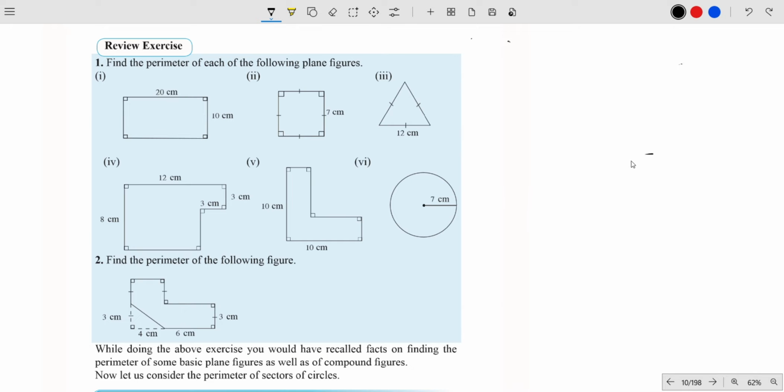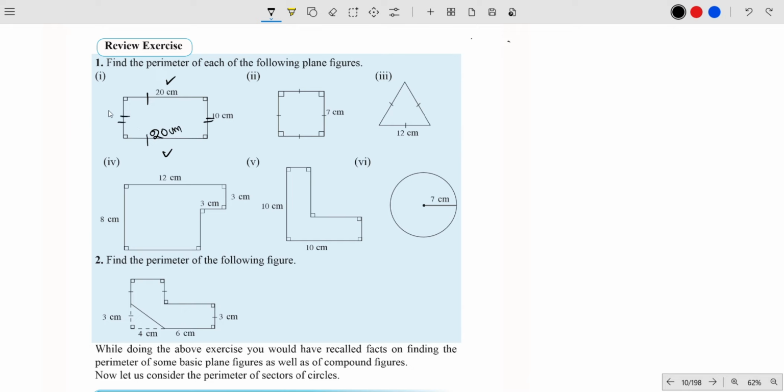So in the first question, the first one is a rectangle shape. So we know that a rectangle's opposite sides are equal. So this one is 20, so this one is also 20. This one is 10, right?